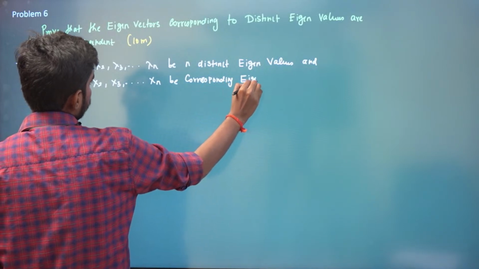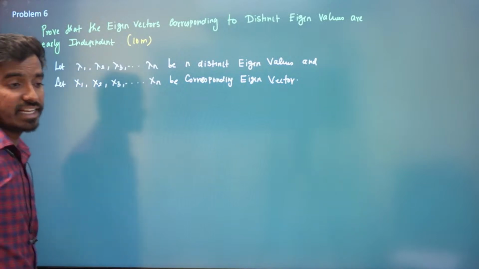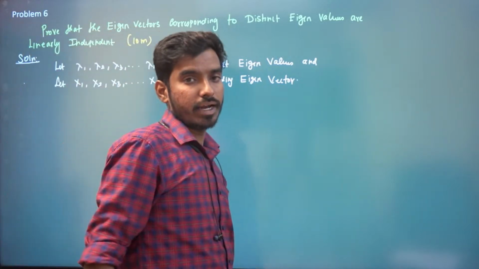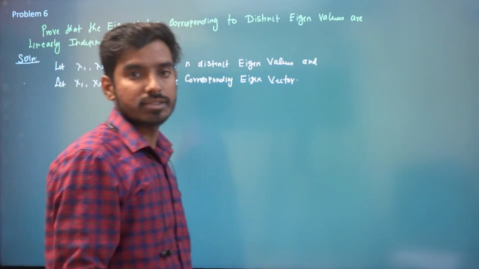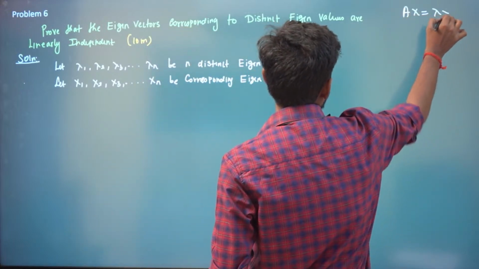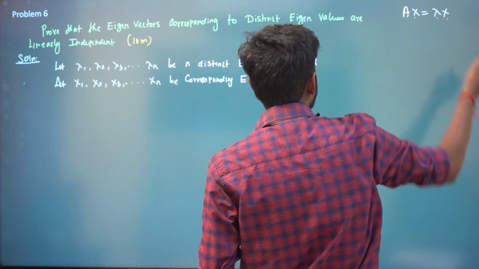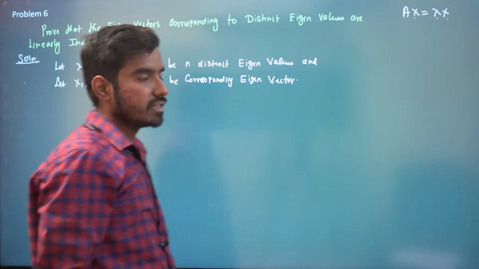Eigenvectors are always non-zero, right? A non-zero vector x for an eigenvalue lambda is called an eigenvector if Ax equals lambda x. This x is called the eigenvector for eigenvalue lambda if Ax equals lambda x.